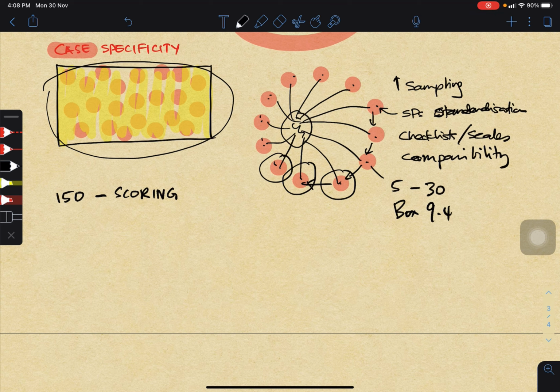Okay, can we decide that they have to pass station A? If they fail station A, then they fail the whole station. As mentioned in the book, that is a policy decision, meaning that it can be done.